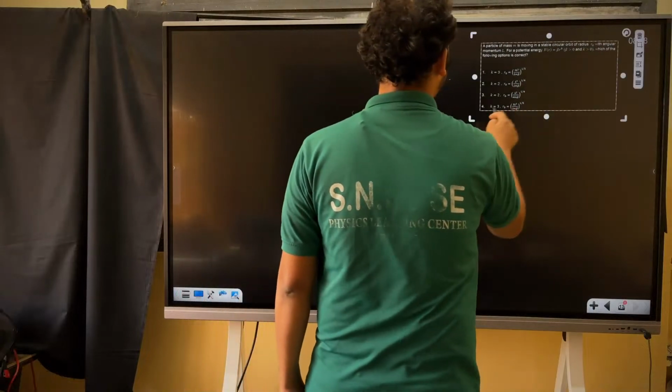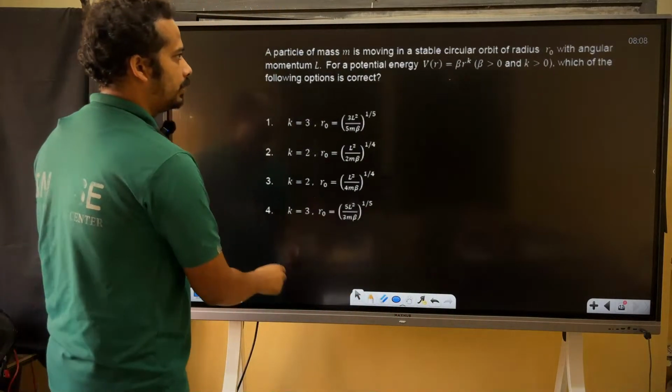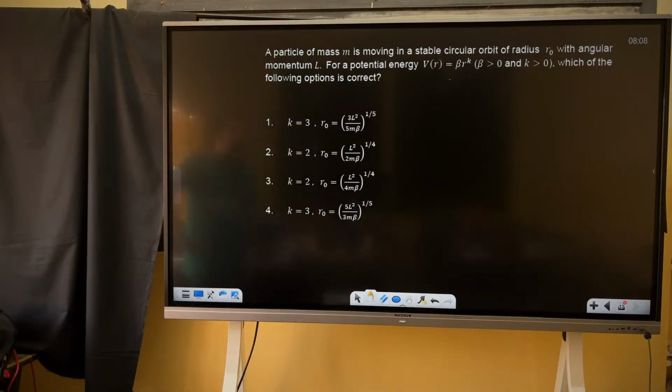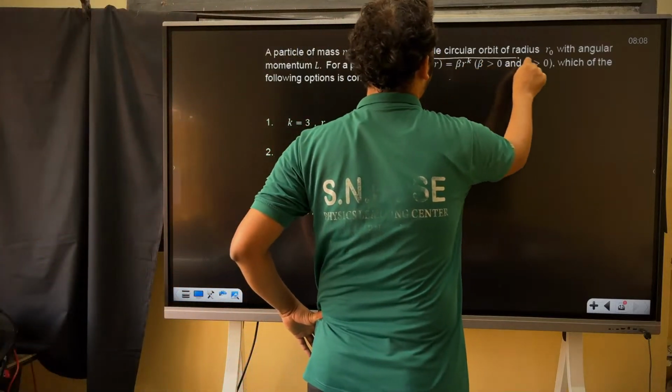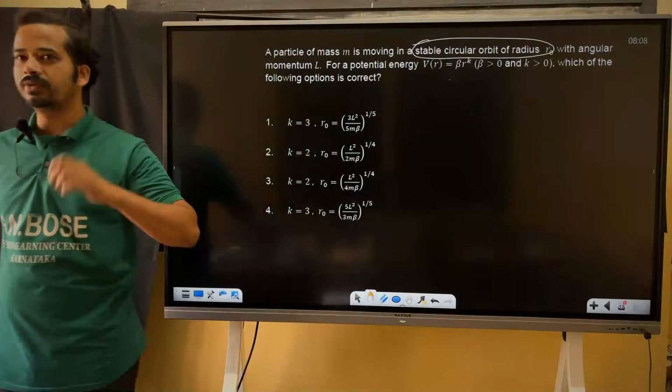What is the other question? A particle of mass m is moving in a stable circular orbit of radius r naught with angular momentum L for a potential V of r equal to B r power k. Which of the following is correct? A stable circular orbit can happen only for Hooke's law and the inverse square law.